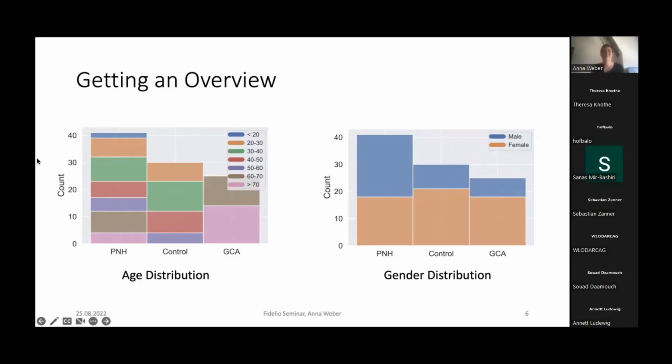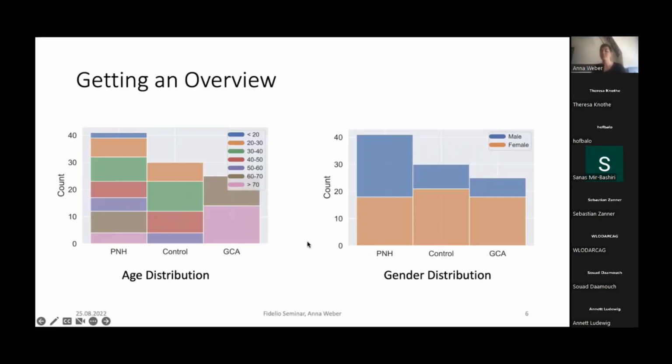And one thing that I immediately found, which was not a surprise, is that my GCA patients are significantly older than the control group, because GCA, this type of vasculitis, very typically occurs in people over 60. So we see immediately that the age distribution really isn't the same.